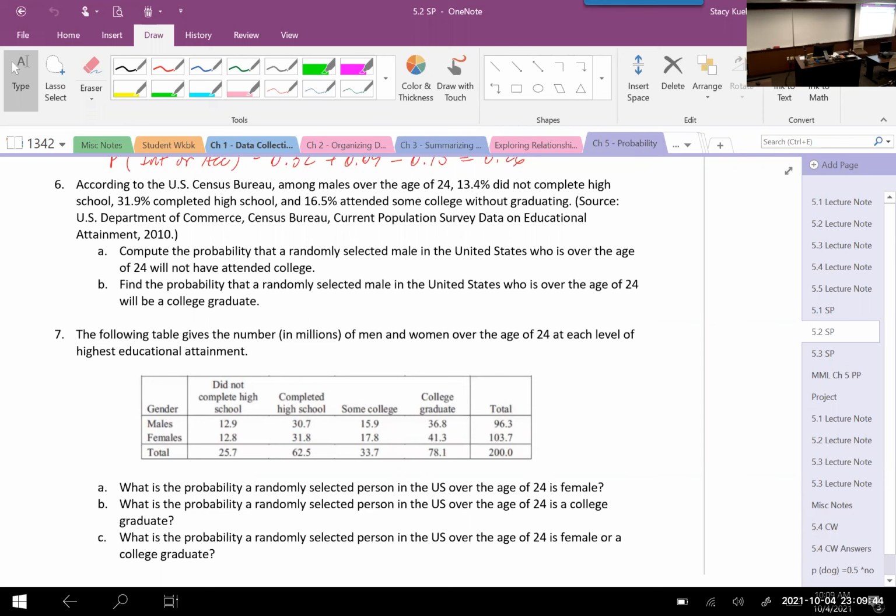That wouldn't be in college, right? So they're in there. Would you agree? And then what's the next one? What do they represent? Then the next one would be some college.